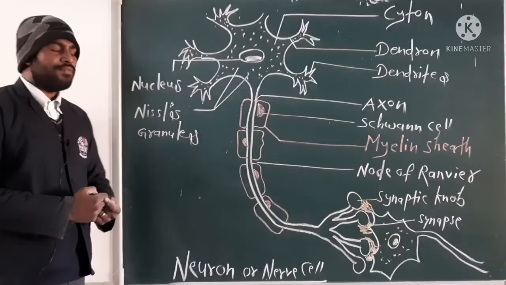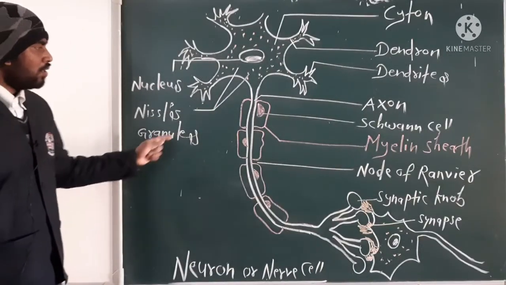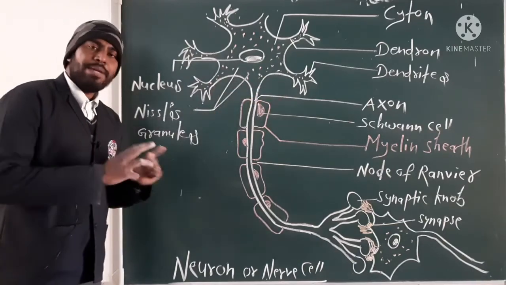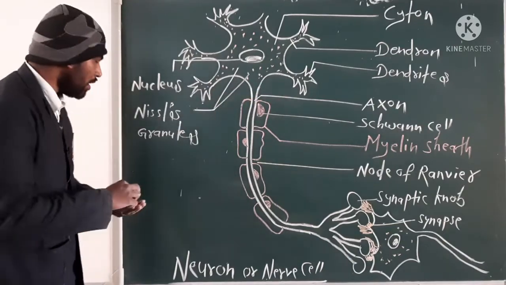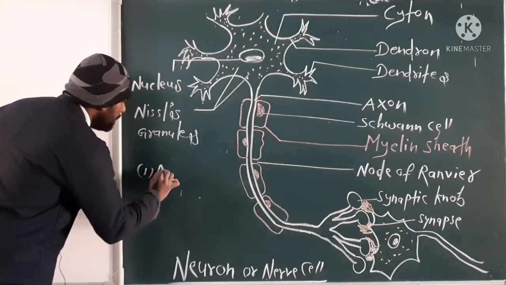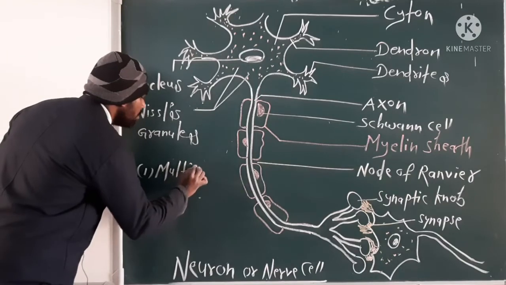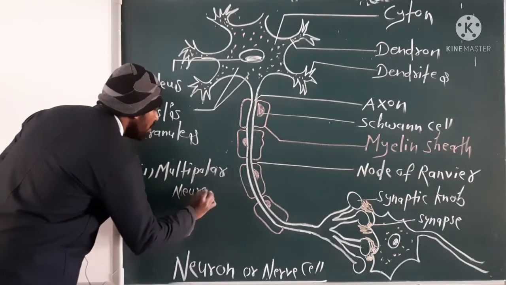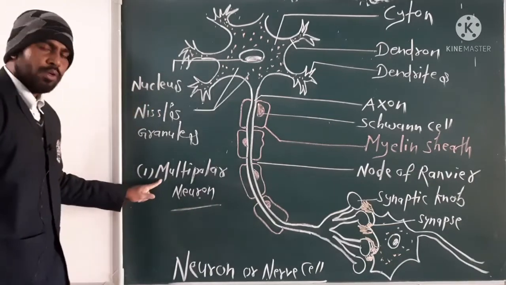The next concept we have to study, students, is that on the basis of the number of axons and dendrites, there are types of neurons present in the neural system. The first one is called multipolar neuron or nerve cell. So what is a multipolar neuron?